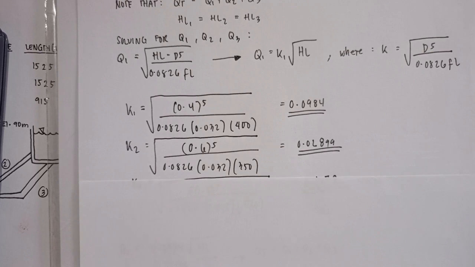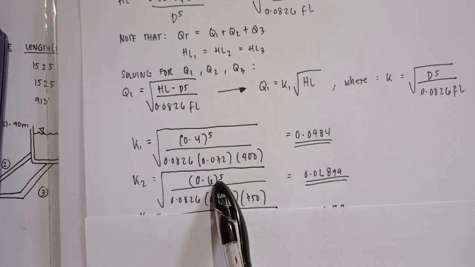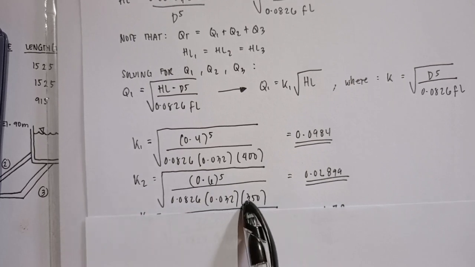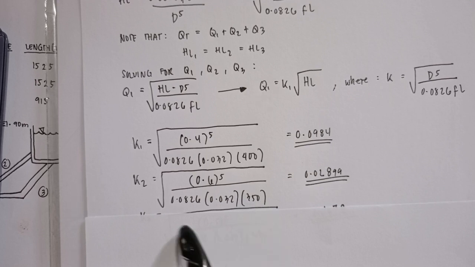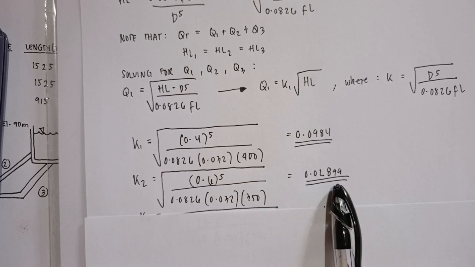Now, for K2, we've got a diameter of 600 millimeters, so 0.6 to the power of 5 over 0.0826 times 0.032 times 350, and the square root of that, and the answer is 0.02899.